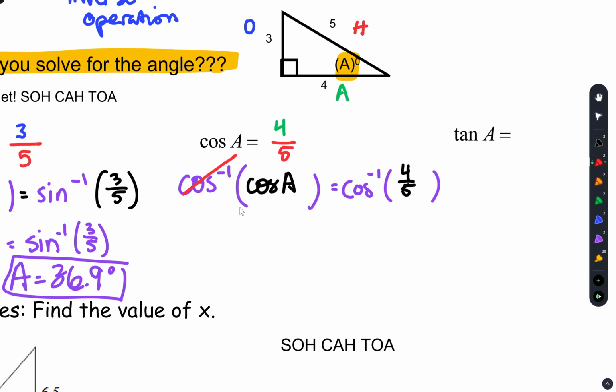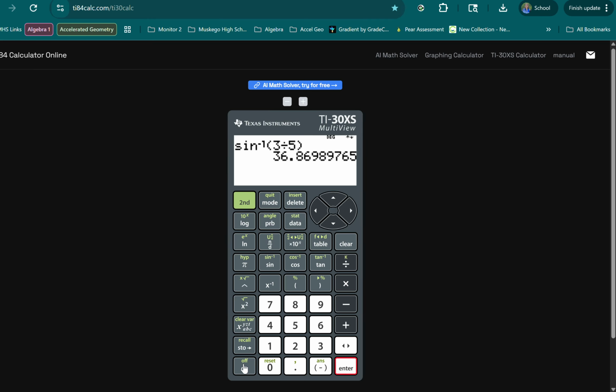Inverse cosine cancels out cosine. And I'm left with A equals cosine inverse of 4/5. And that's what I'm plugging into my calculator, cosine inverse of 4/5. And just to prove that it does get me the same answer, I hit second cosine, 4 divided by 5, close parentheses, 36.9.